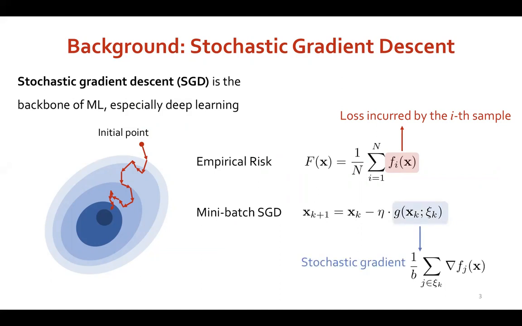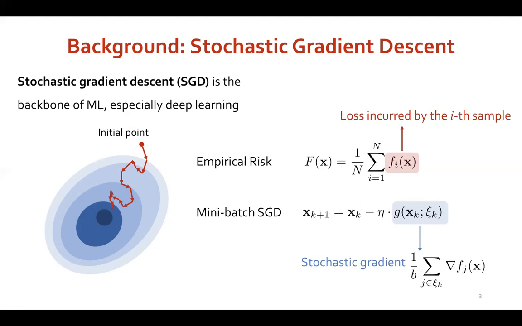That is, it's the average of the gradients at a batch of b data points sampled from the training dataset. Using this mini batch gradient, SGD updates the current model parameters to obtain xk plus 1, and then this procedure repeats sequentially.